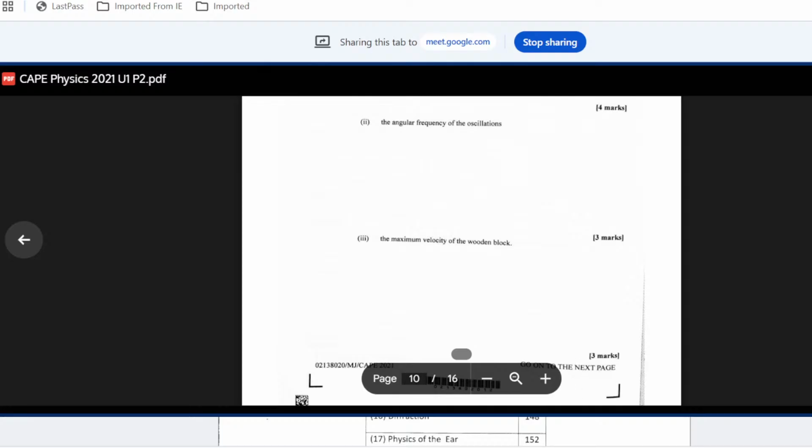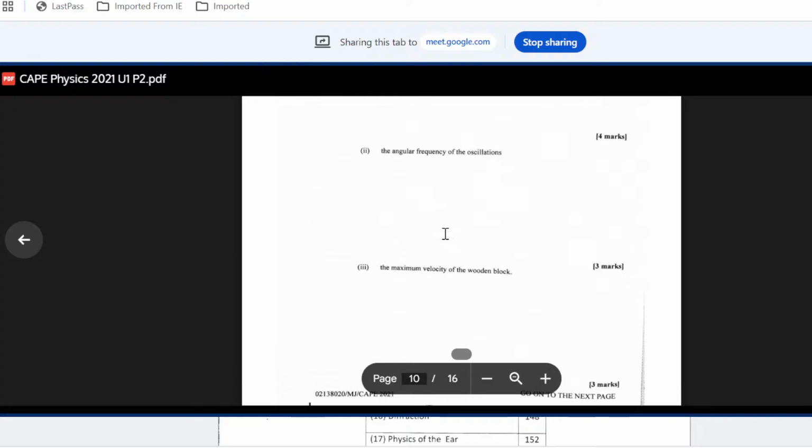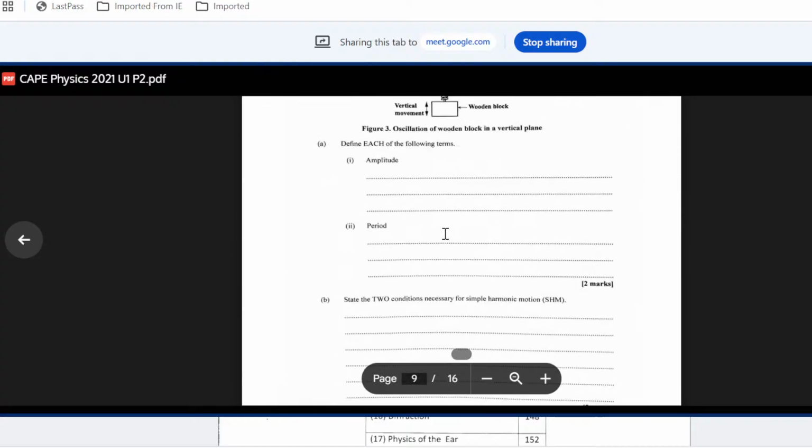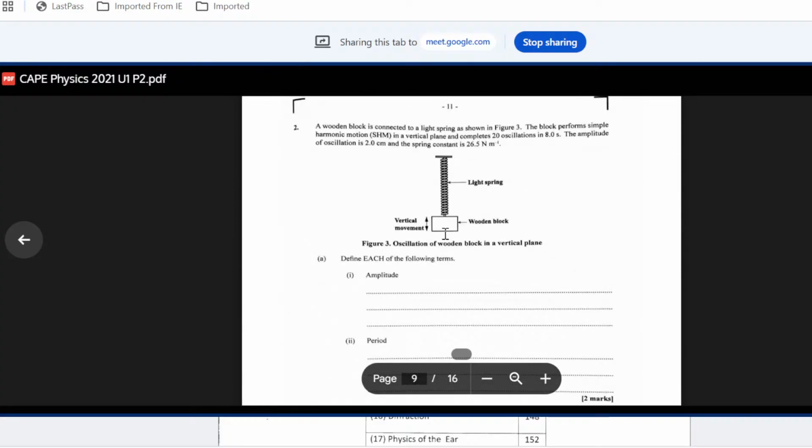Did they give us amplitude? It would make life easier. They did. Oh, 2 cm. We'd have to convert it to meters, so 0.02.